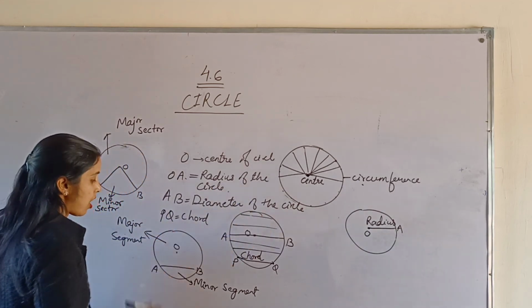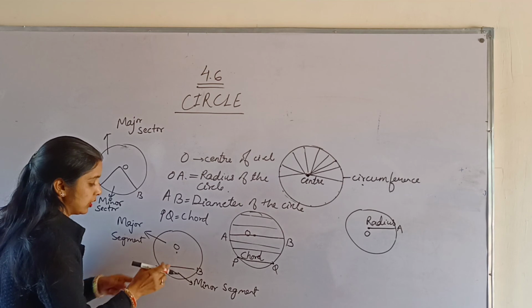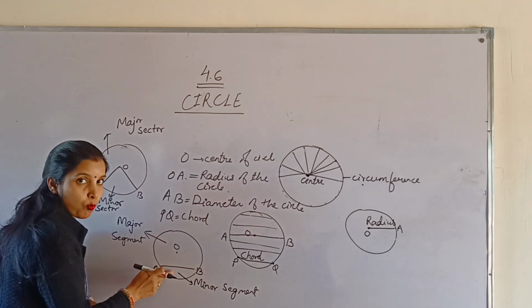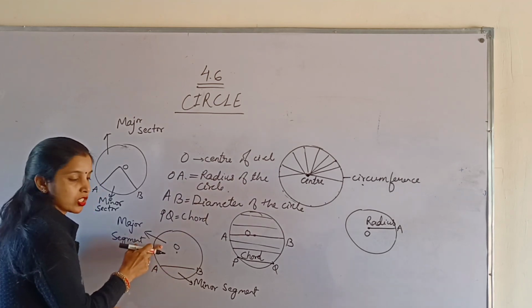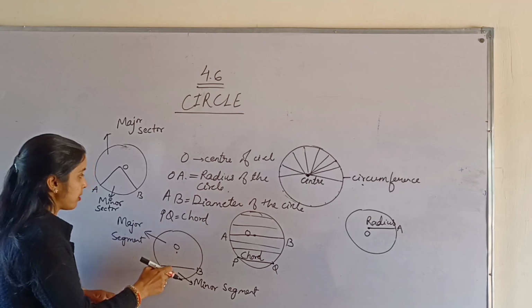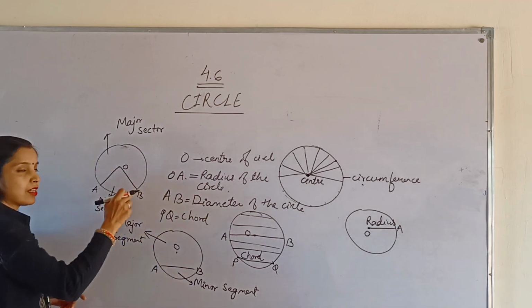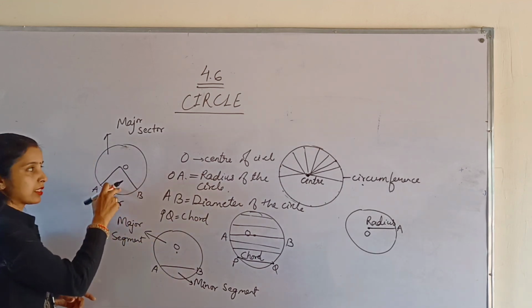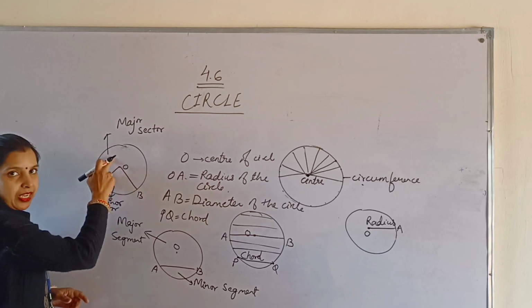If I draw a chord, it divides the circle into two parts: the major segment and the minor segment. If I draw two radii, then this one is the minor sector and this one is the major sector.